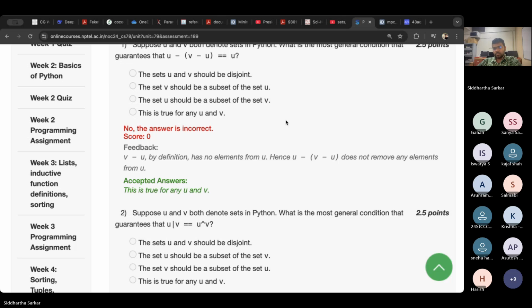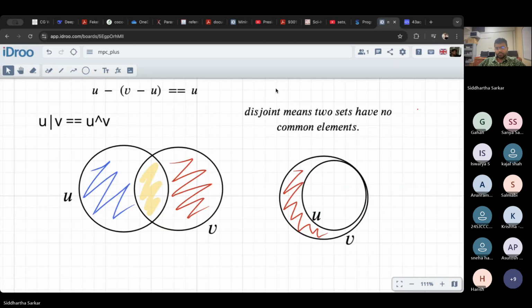Yes. Is there anybody who thinks something different? So clearly, if you look at the diagram, if the yellow part is not there, then the entire thing, U union V, would be the blue part and the red part.